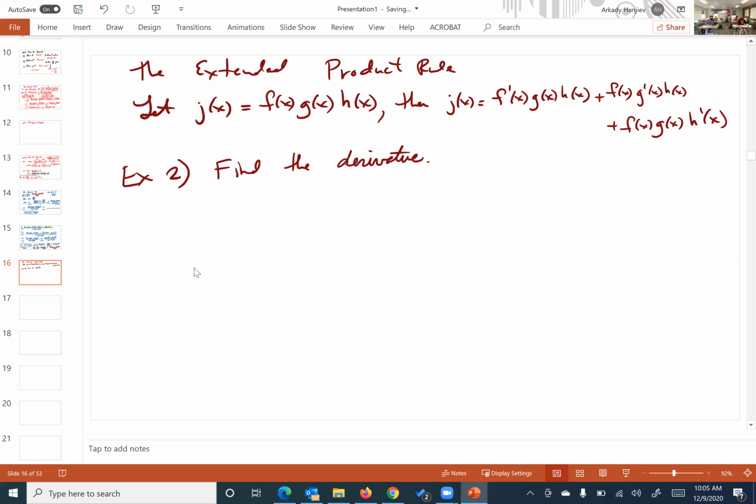So find the derivative. Let's see. I'm going to name some functions here. I'm just going to call this m of x. M of x is 3x plus 1 over 4x minus 3.